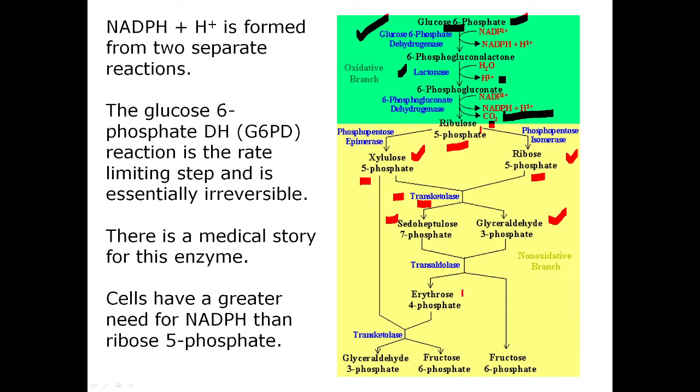We are getting erythrose 4-phosphate and fructose 6-phosphate. This erythrose 4-phosphate can combine with xylulose 5-phosphate under the transketolase reaction, and we can get an additional molecule of fructose 6-phosphate from glyceraldehyde 3-phosphate.